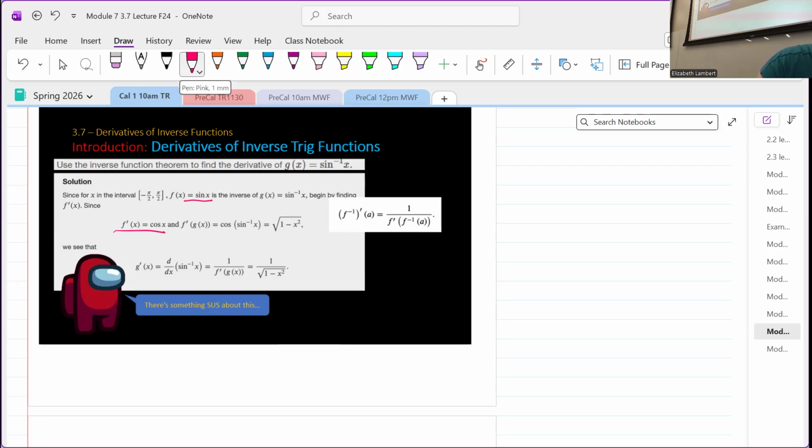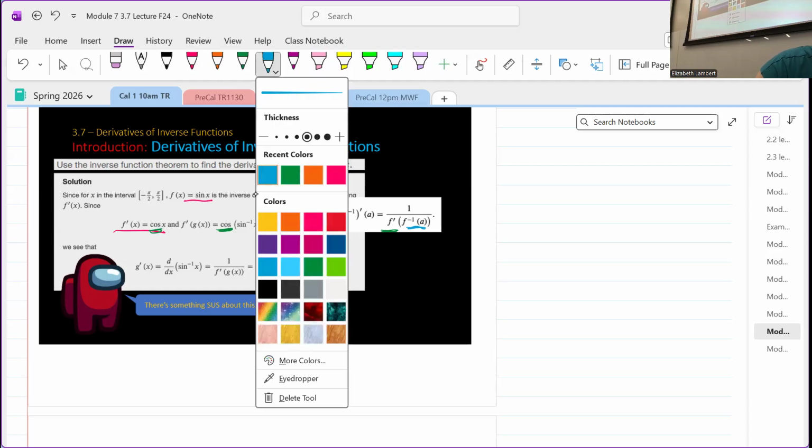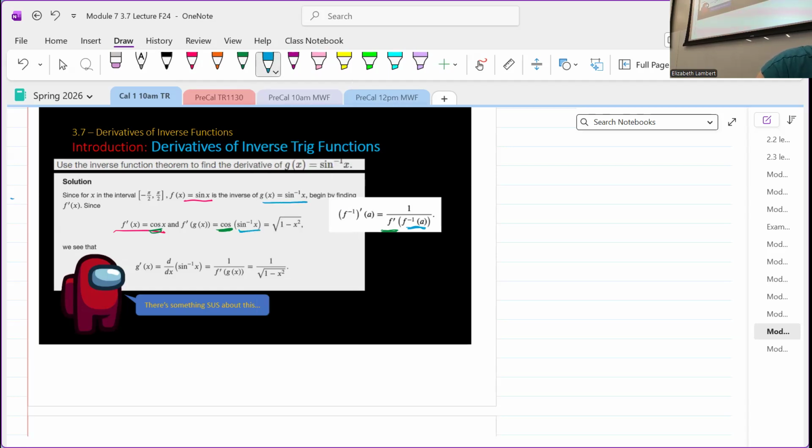Then we nest the two together. So we have derivative function outside, inverse function inside. So derivative of original function was cosine. And then our inverse function is inside.